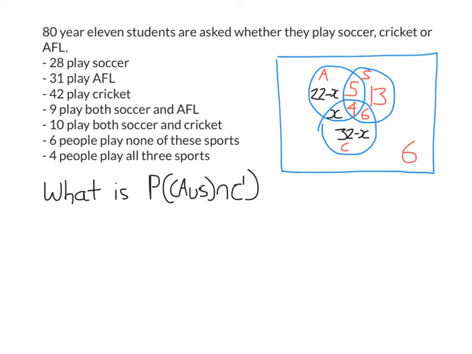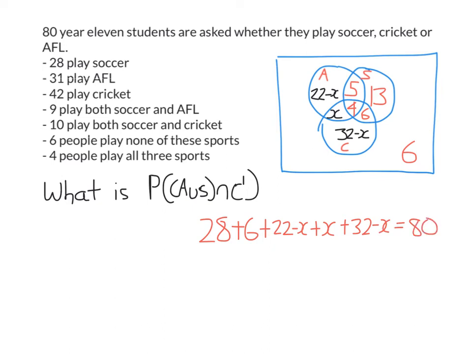So to find what X is, I'm going to use the fact that all the numbers inside the Venn diagram must add up to 80. So I can set up the equation. There are 28 in the soccer circle and 6 outside the circles. When I add those plus the other 3 numbers, I need to have everything add up to 80.